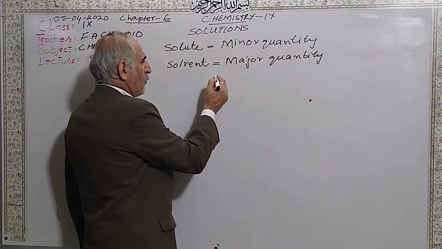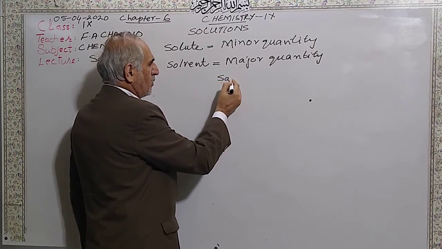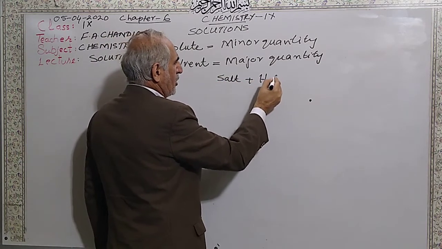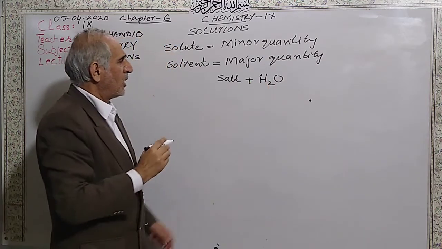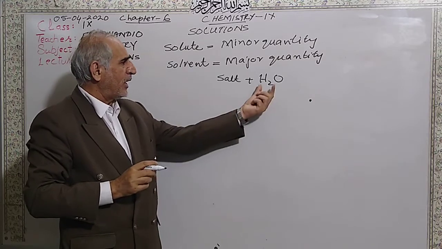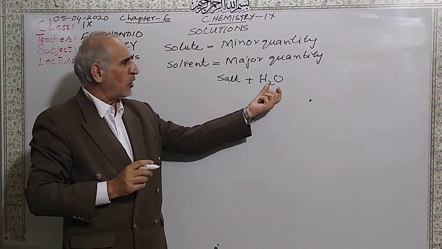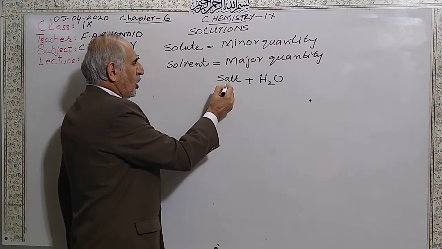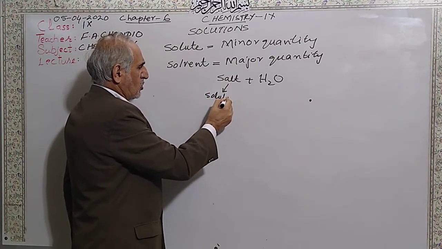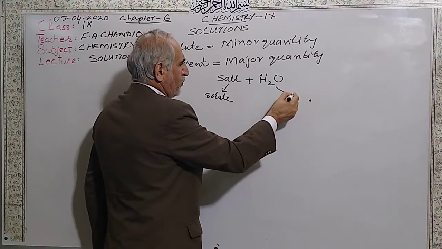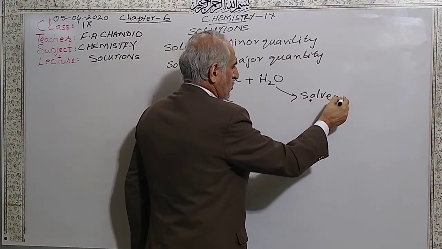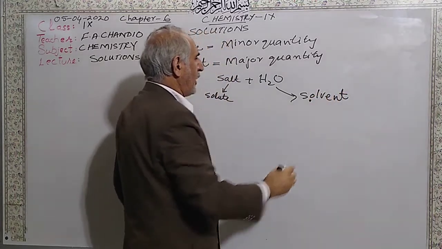Example: if we are dissolving salt plus water, salt is a minor quantity, small quantity, water is a large quantity, so salt is a solute and water is a solvent.